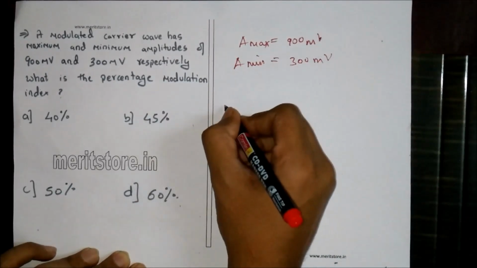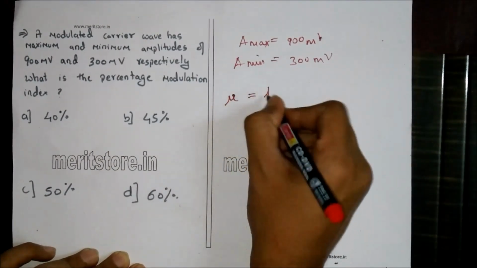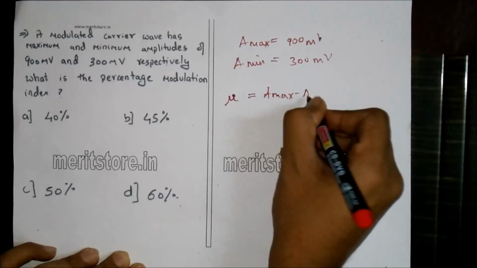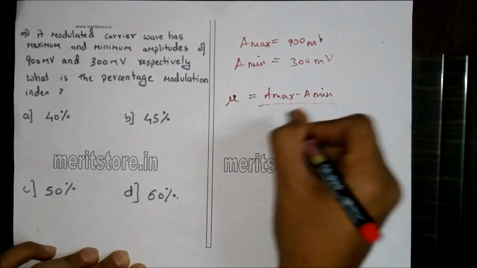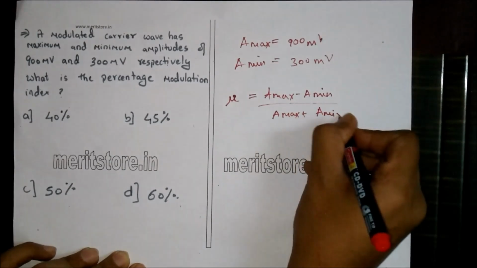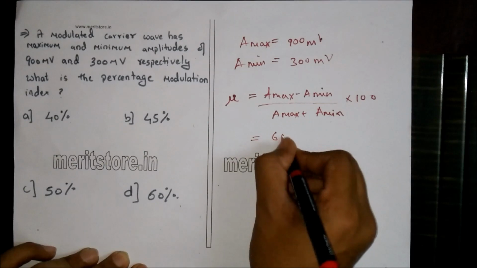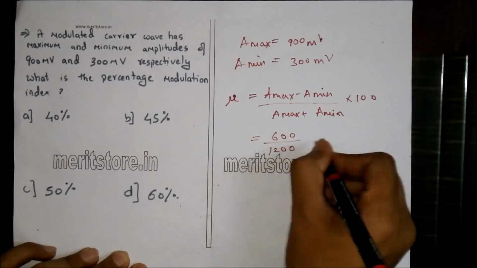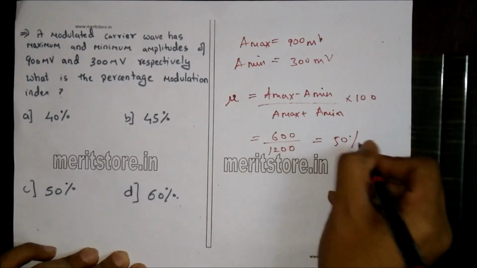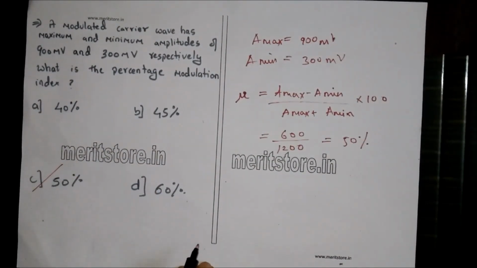Now the formula for percentage modulation index will be mu is equal to Amax minus Amin upon Amax plus Amin into 100, which will be equal to 600 upon 1200, which will be equal to 50%. So the correct answer is option C, 50%.